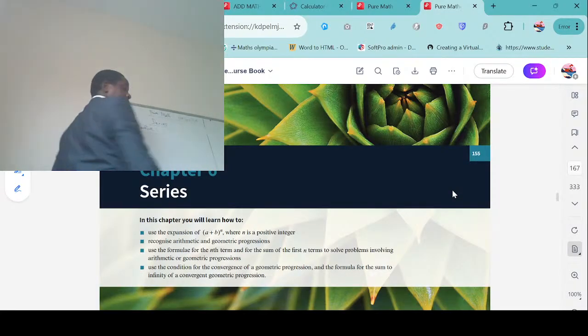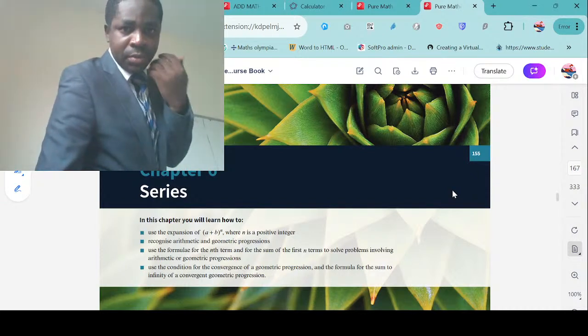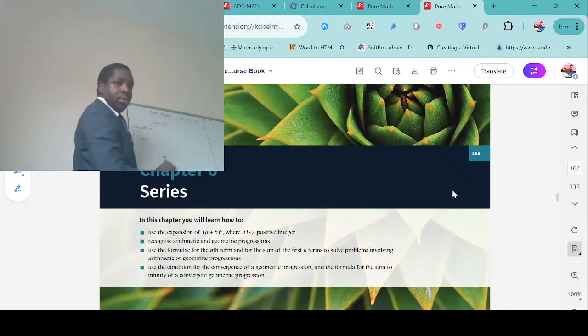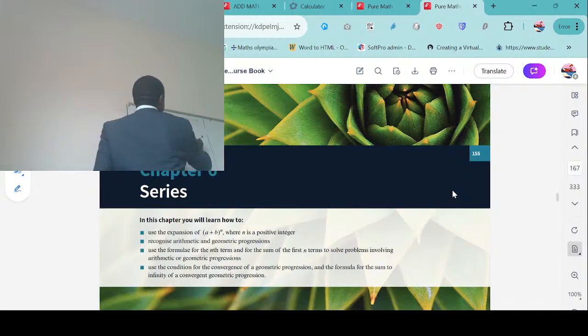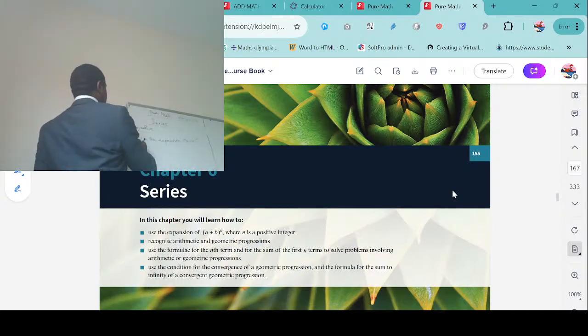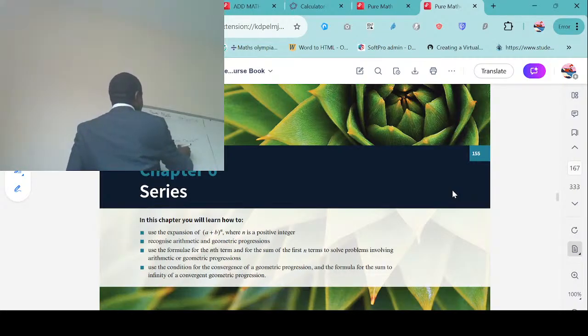One, use the expansion of a plus b raised to n, where n is a positive integer.